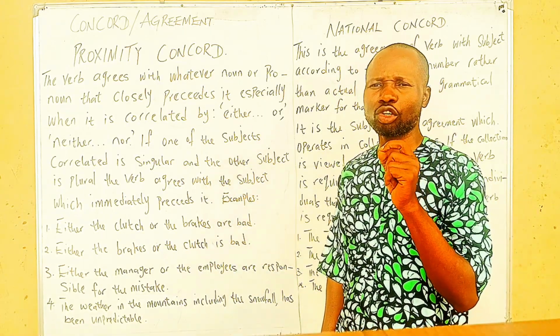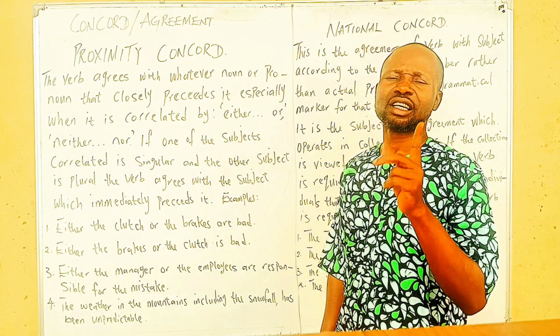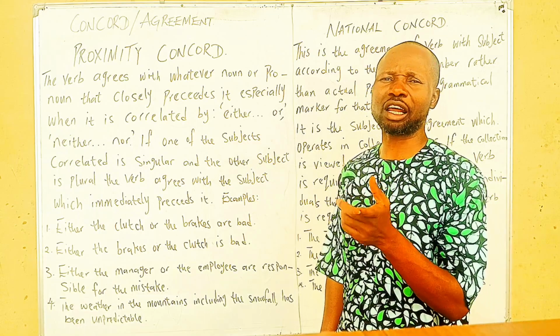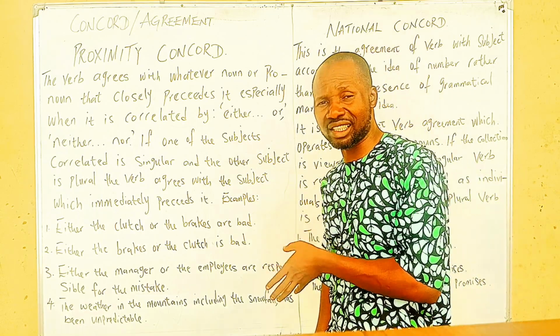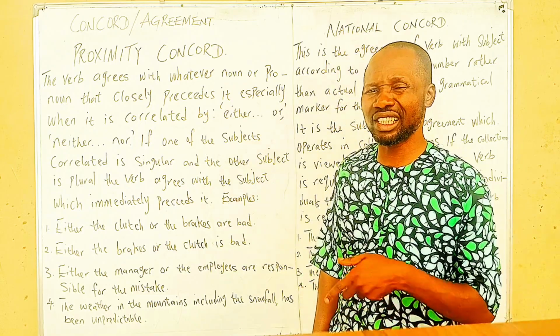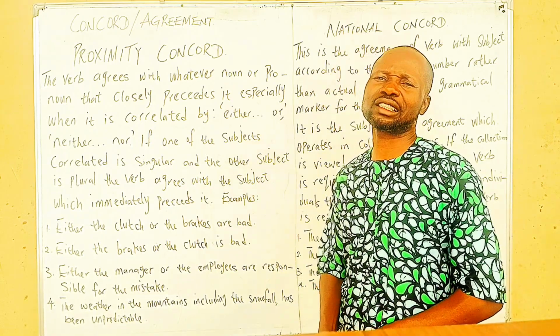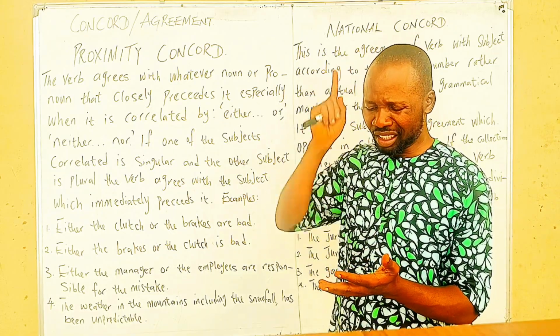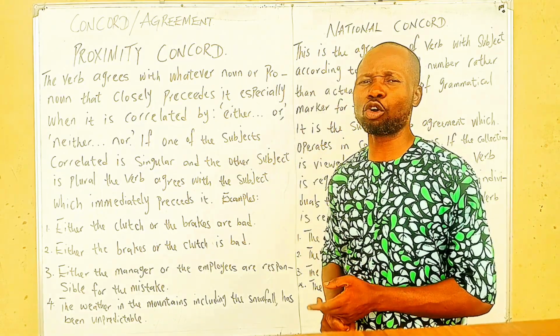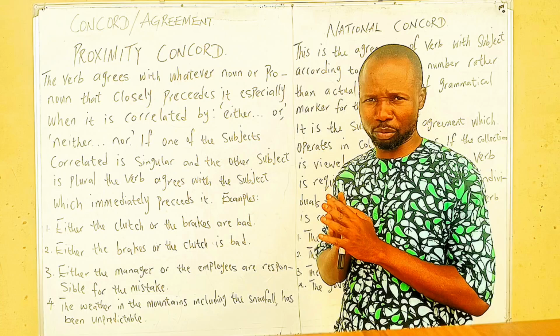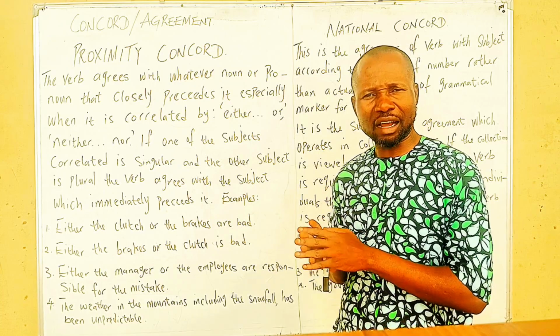So my students or my friends that will be going to write JAMB and other English exams that will require you to fill in the blank with the most appropriate, know that there is grammatical concord. In grammatical concord, you just follow the rules of subject and verb agreement.